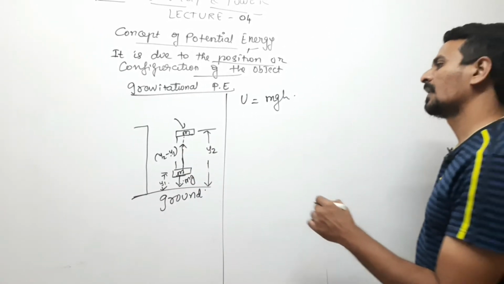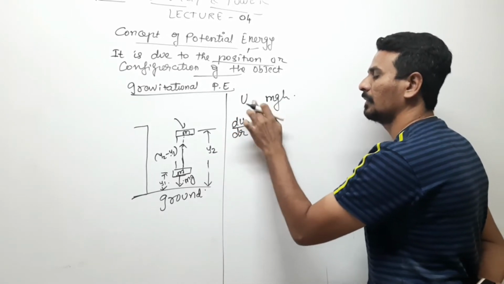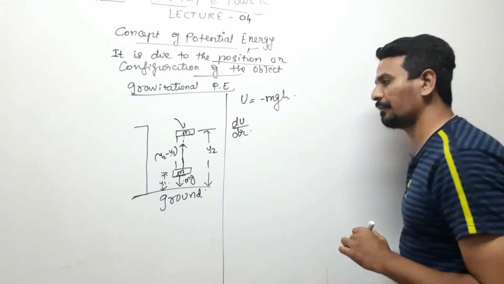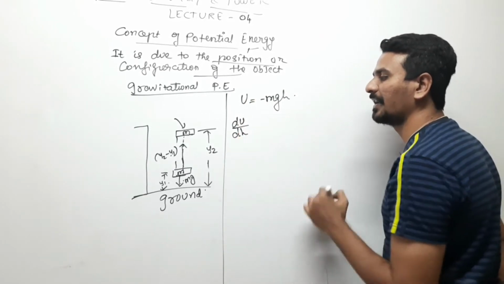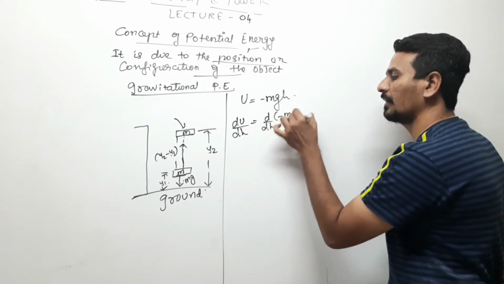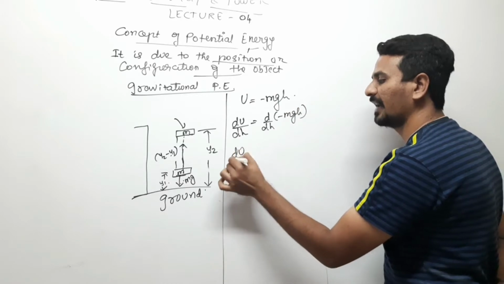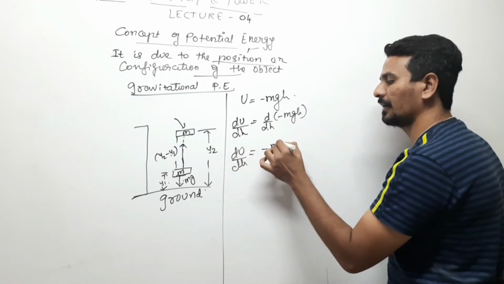Now let us differentiate this, dU by dr. It was minus mgh, so dU by dr or dU by dh. h is changing, so dU by dh. So this will be d by dh of minus mgh. So dU by dh will be equal to minus mg.